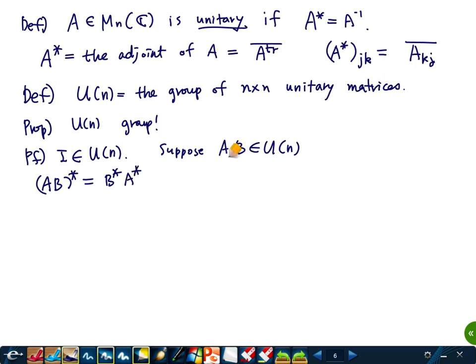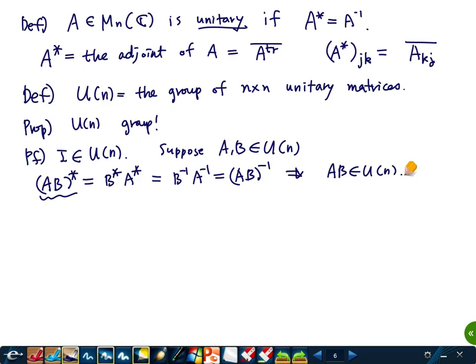And because both are unitary, you can replace B star by B inverse, A star by A inverse. And now we can combine them together like that. And yeah, that's it. The adjoint of AB is equal to its inverse. So AB is a unitary matrix. Okay.